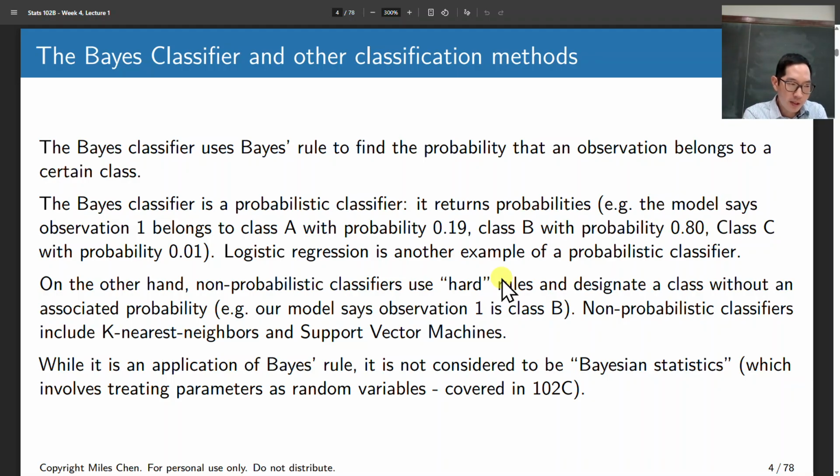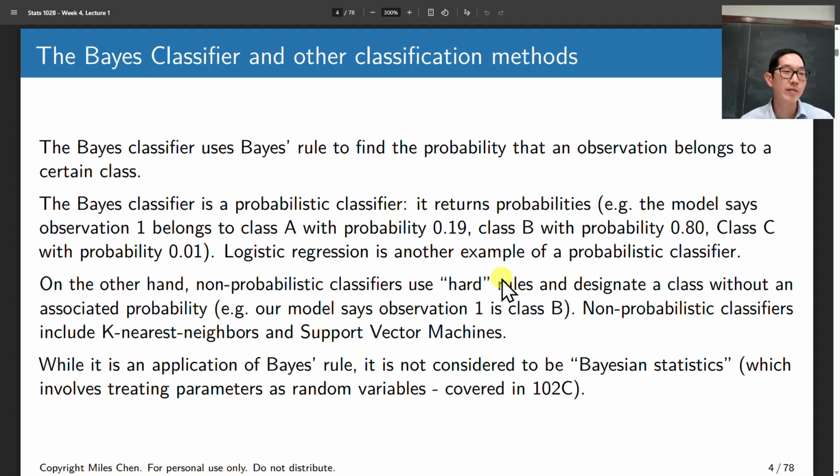So in today's lecture, we'll look at the Bayes classifier. The way we use it is we use Bayes' rule to find the probability that an observation belongs to a certain class. It's a probabilistic classifier, so it's going to return probabilities.